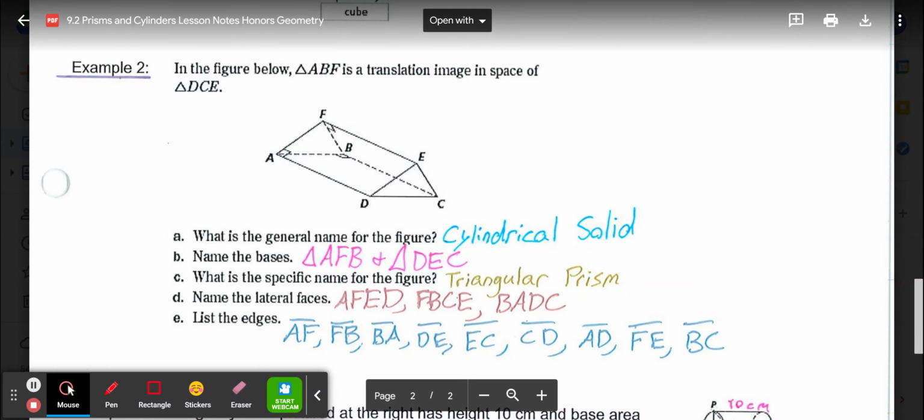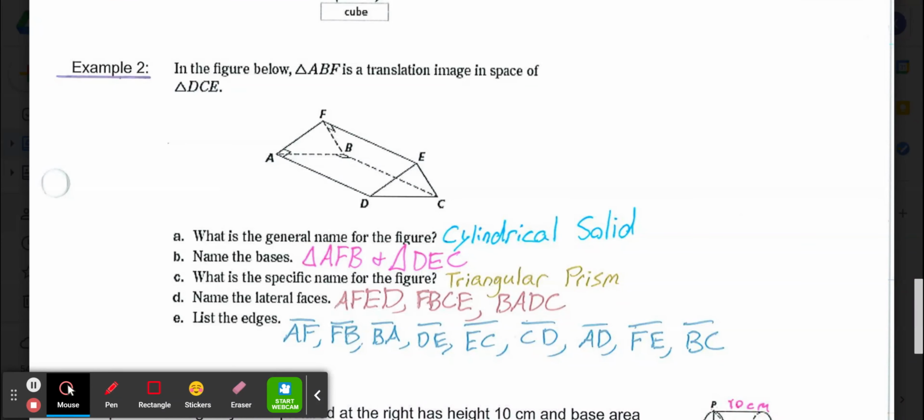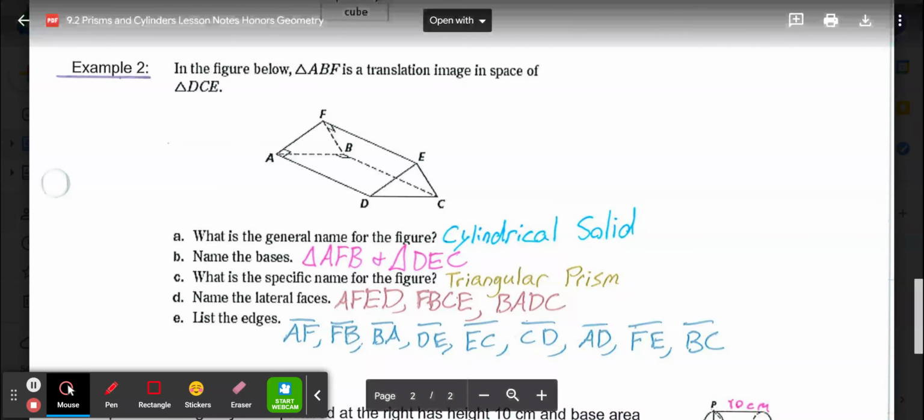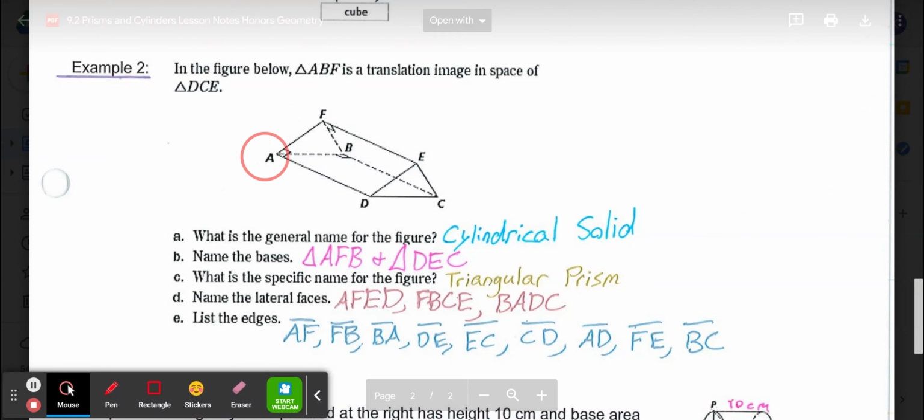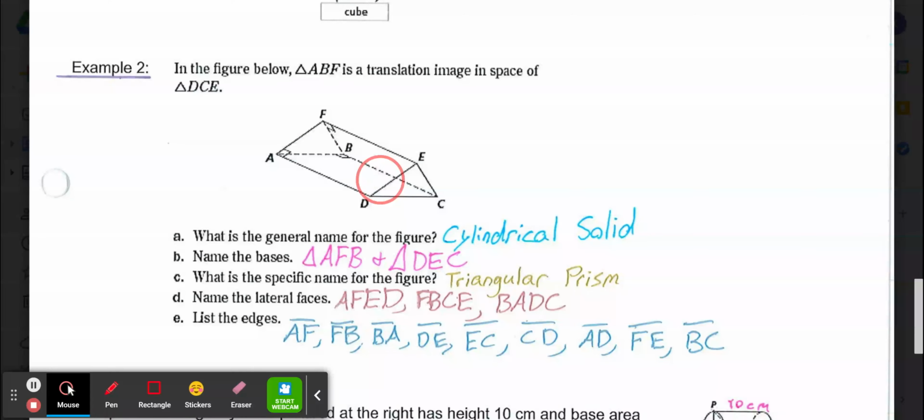And then the lateral faces would be our sides in between our bases. So here we'd have parallelogram AFED, we would have FBCE, and then we'd have ABCD. So we have three different faces.